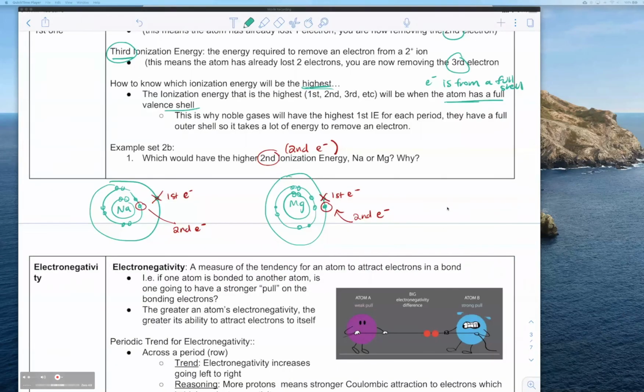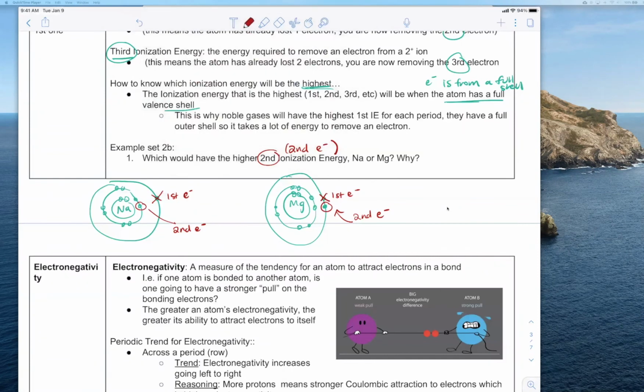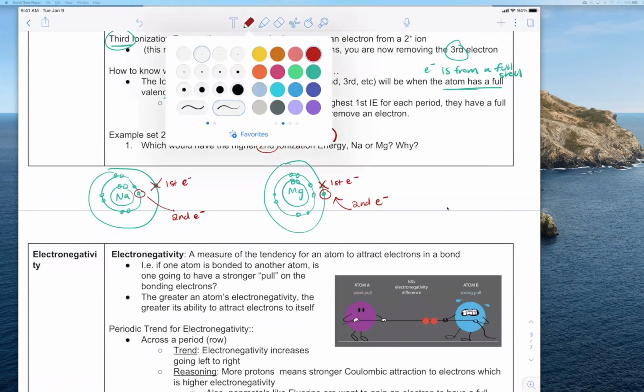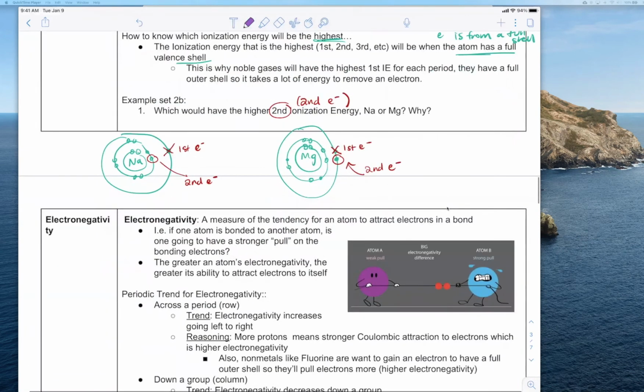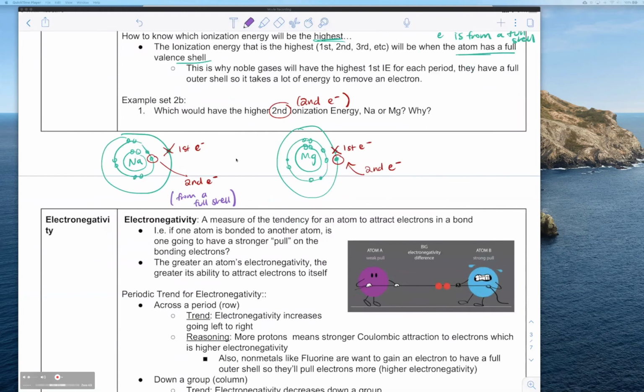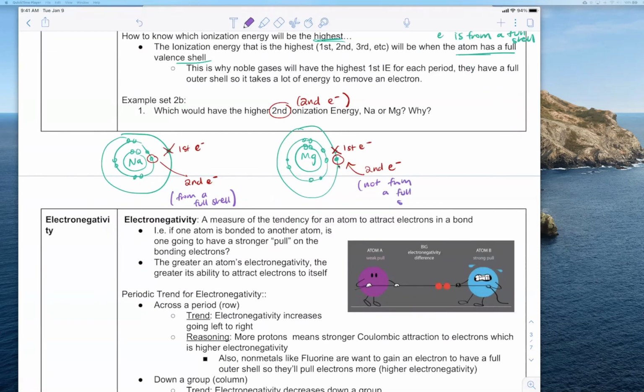Okay, so I see kind of mixed results. So you see here for this second electron for sodium, this second electron is from a full shell, right? You see the second electron here is when the shell is complete or filled. Whereas this second electron here for magnesium is not from a full shell.